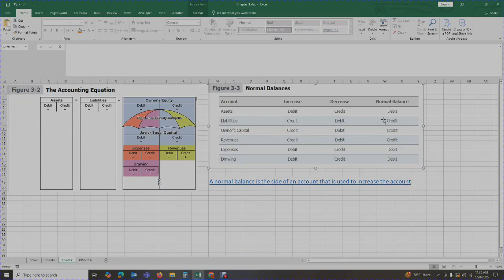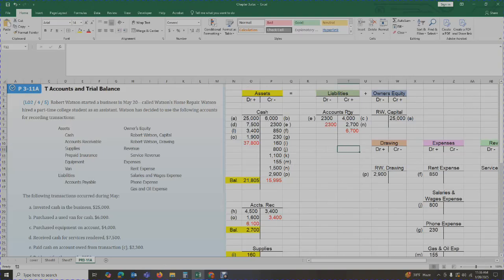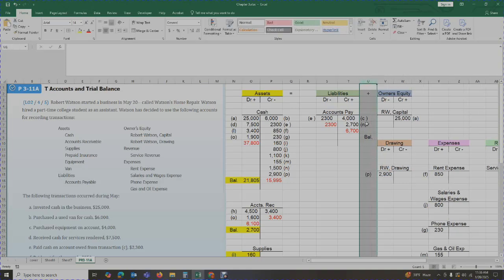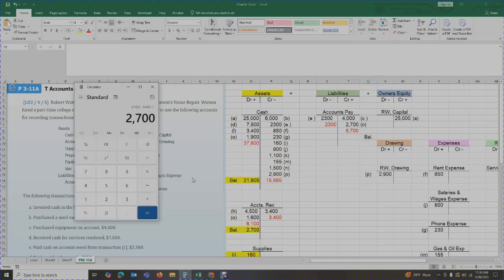On the credit column, your balance should be. The credit balance is higher than the debit balance, so my balance is going to be over here. So my balance is basically going to be the 6,700 minus the 2,300. My balance is 4,400.